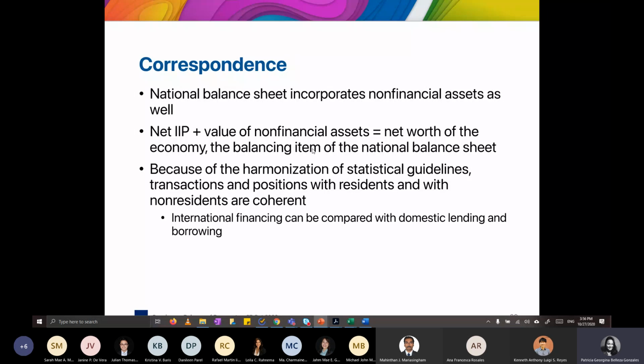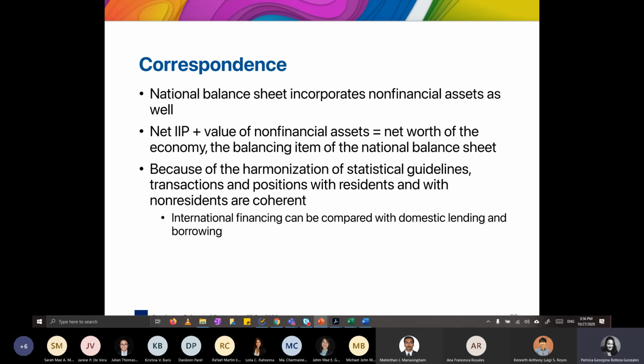And then the net IIP, the financial net worth, as I mentioned earlier, plus the worth of the non-financial assets is equal to the total net worth of the economy, which is the balancing item of the national balance sheet.